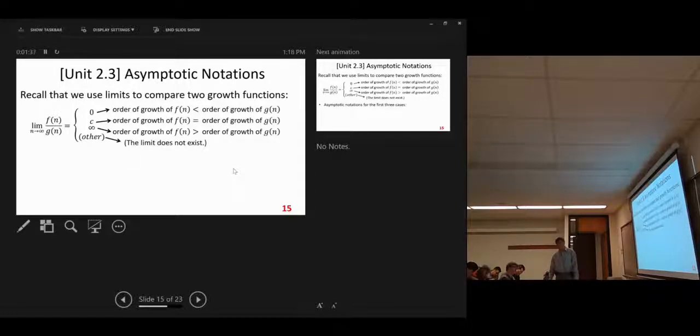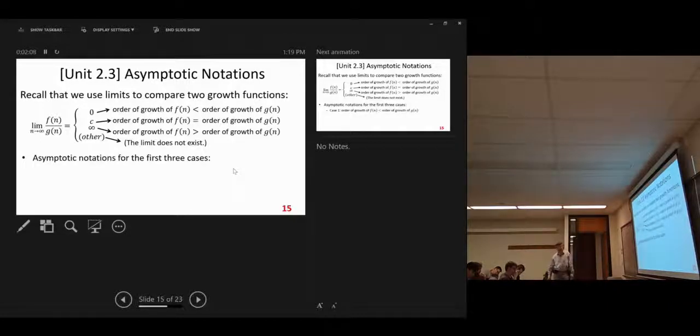The limit does not exist. Anything is possible, right? Any of the three is possible, but we don't know. We need more information. So we need to do more work for this case. In our following discussion, we will work on the other case, although sometimes we also discuss the first three cases.